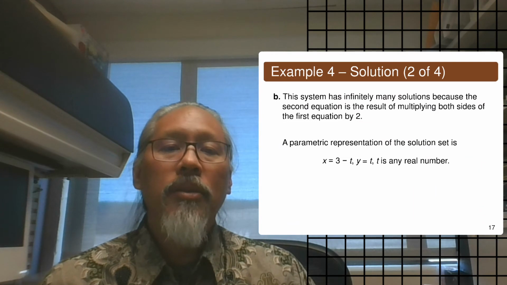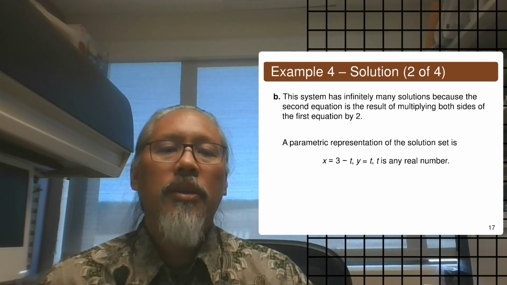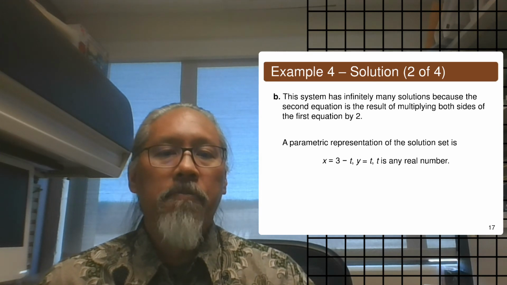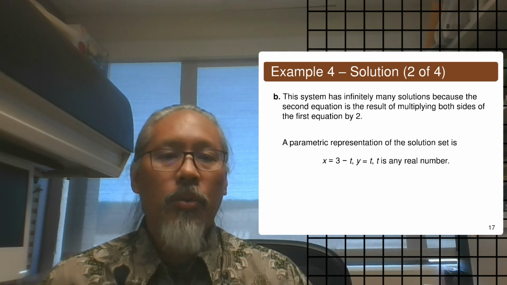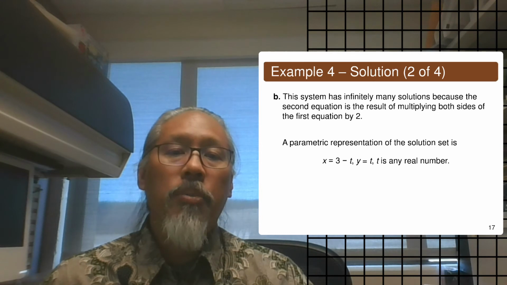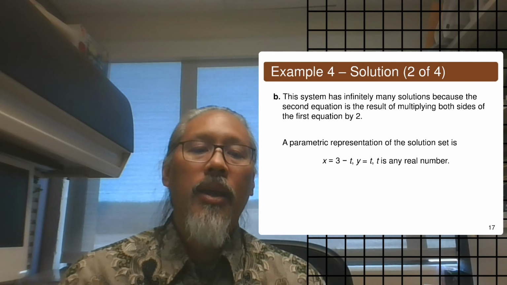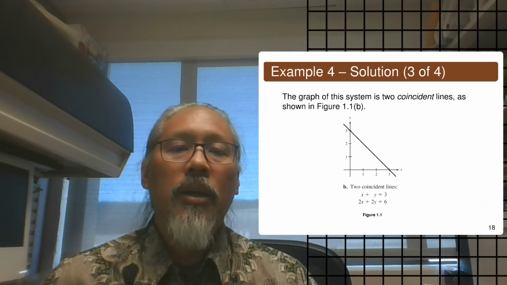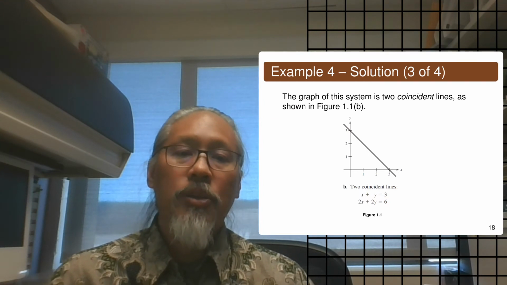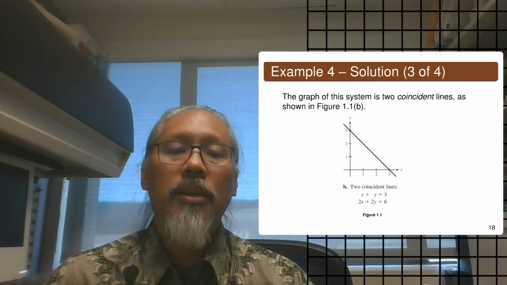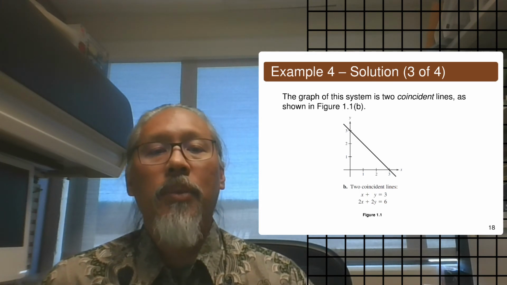Our second example looks like there could be infinitely many solutions, and so for this particular scenario, we would want to introduce a parameter and have a parametric representation for the solution set. In this case, we will see that the two lines we're looking at, x + y = 3 and 2x + 2y = 6, are exactly the same line.